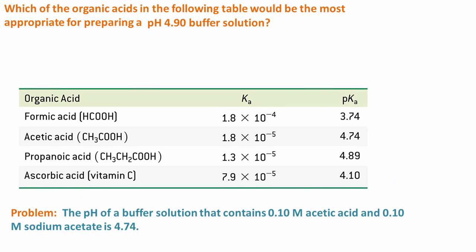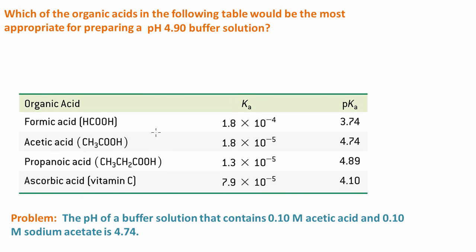And I'm going to ask you a question based on what I just told you. We have this table here, and we're asked which acid in the following table, they're all weak acids, would be appropriate for preparing a buffer that has a pH of 4.90.